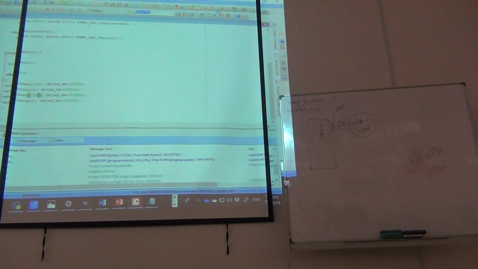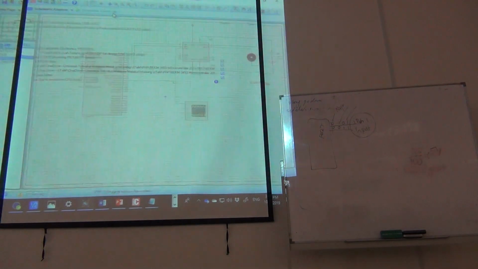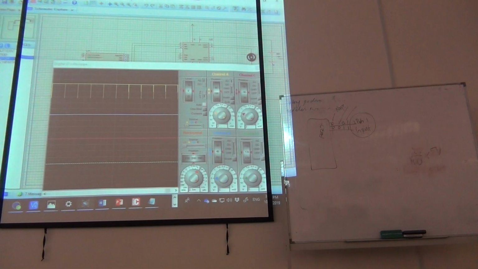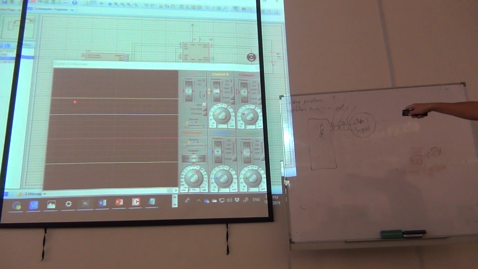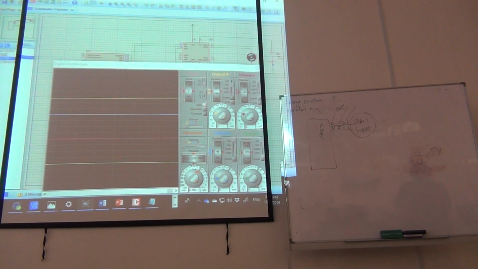So I compile this one and run again. This is a full wave of PWM. This is the period. This is the period. So you can see that basically it's full. So now you can see that my motor is running at full speed.